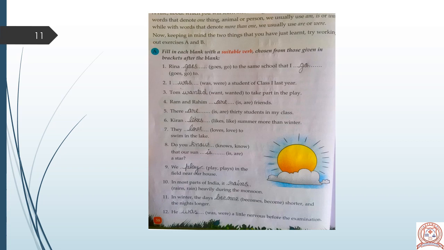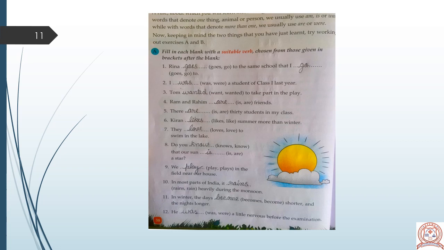Now, keeping in mind the two things that we just learned, try working on this exercise. Fill each blank with a suitable verb. Choose from those given in brackets after the blank.